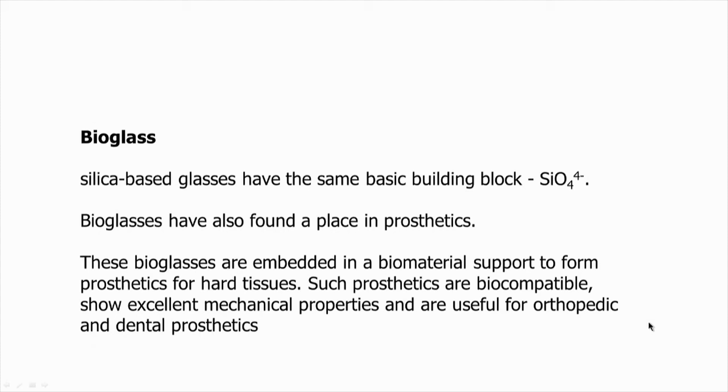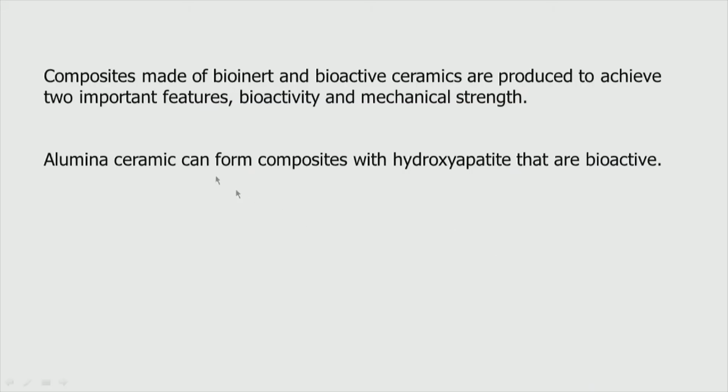Bioglass is generally silica based, with different combinations of silica present. You can also think of composites made of bio-inert and bioactive ceramics. Each can do certain activity: we can achieve bioactivity, and the bio-inert can give you the mechanical strength. So, composites of these inorganic materials are also being looked at.